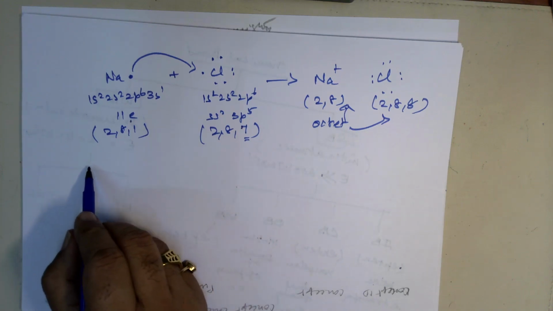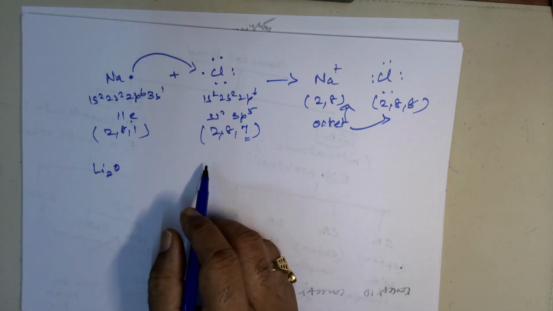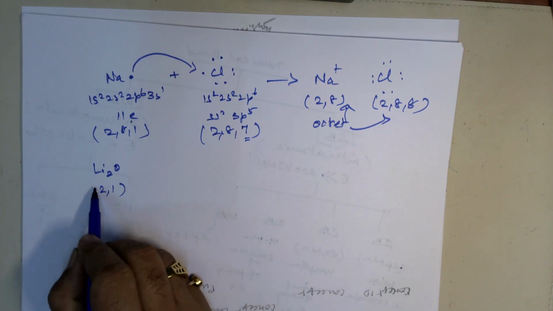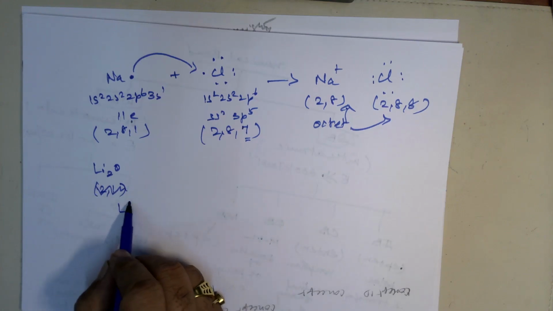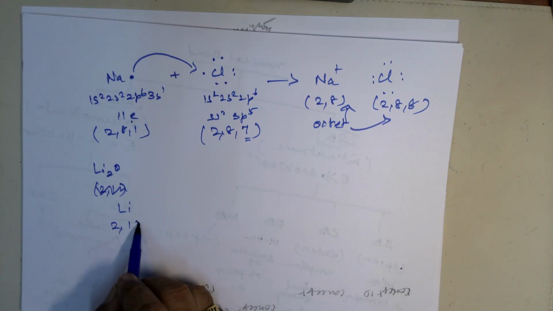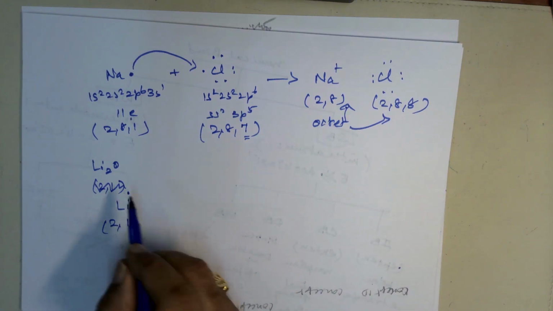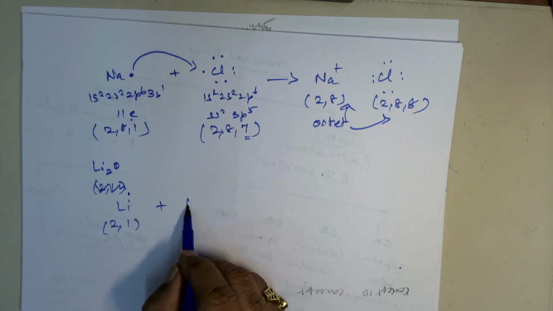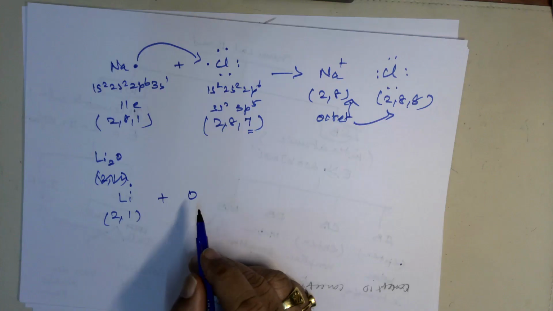For example, lithium oxide, Li2O. What is the electronic configuration of lithium? 2, comma 1, because the atomic number for lithium is 3, is it not? So I can put lithium 2, comma 1, and it means it has 1 electron in the outermost shell. Plus, what about oxygen? What is the atomic number of oxygen? 8.